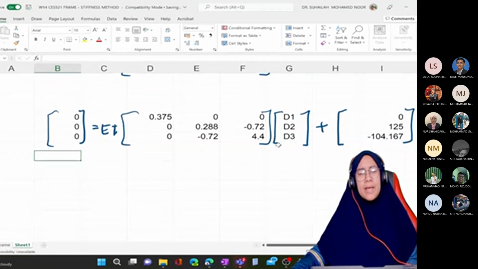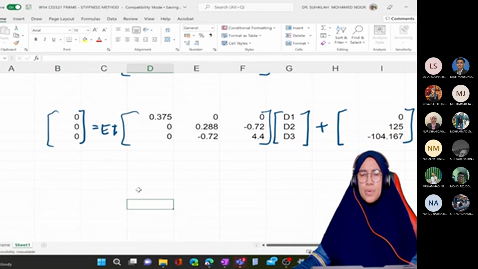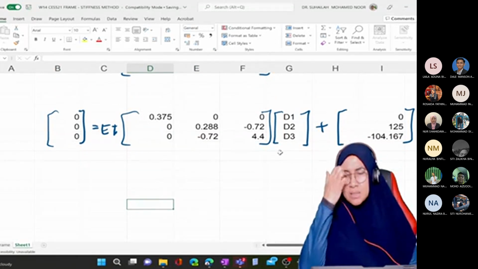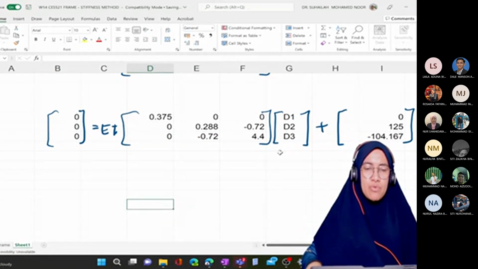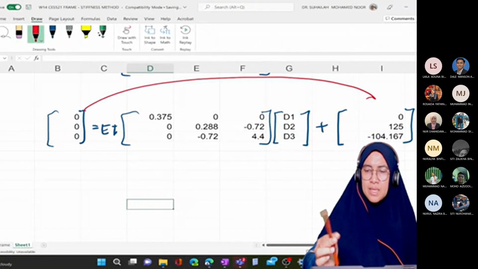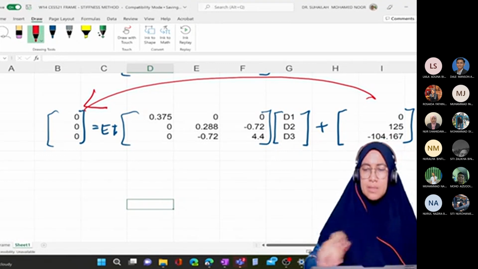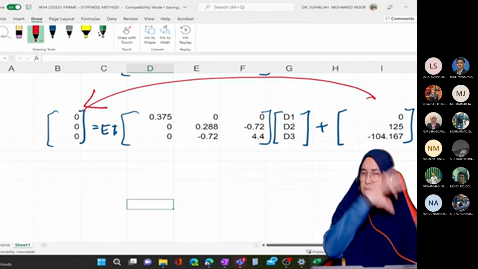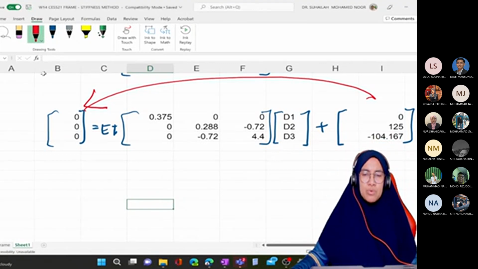Okay, so we combine. Q naught we bring to the other side.